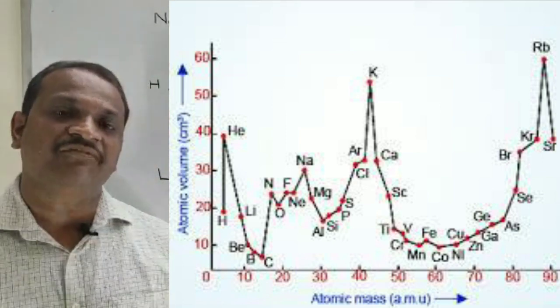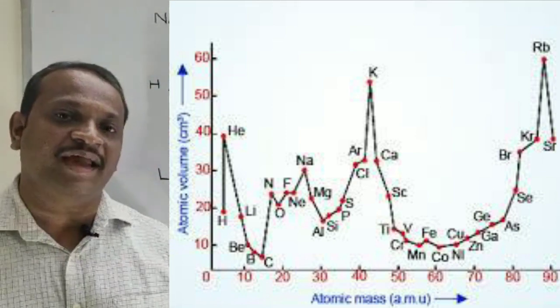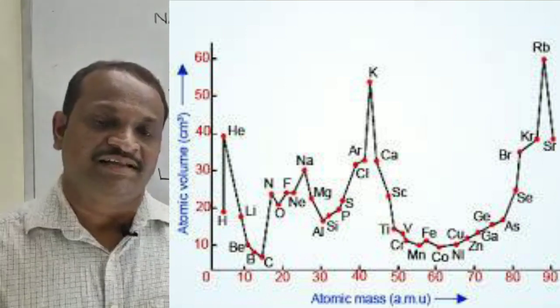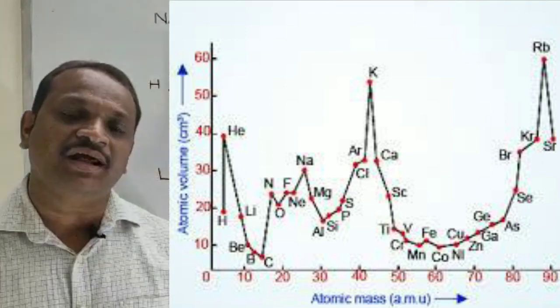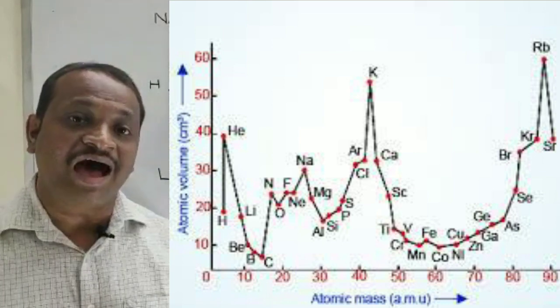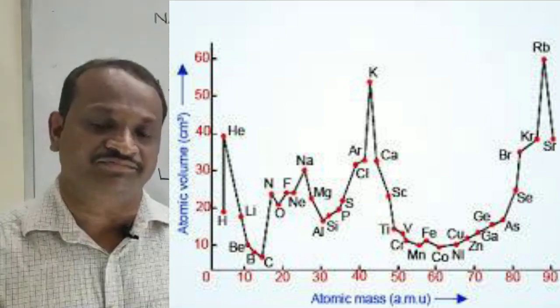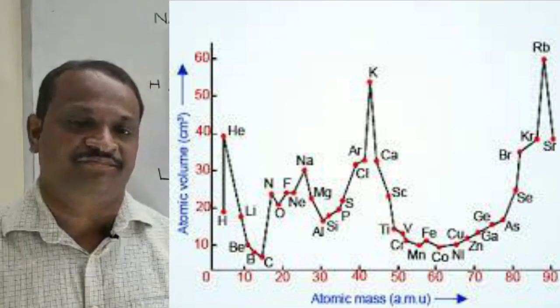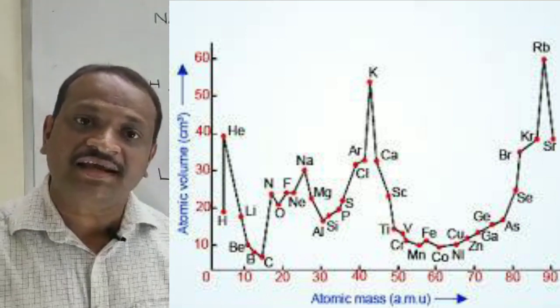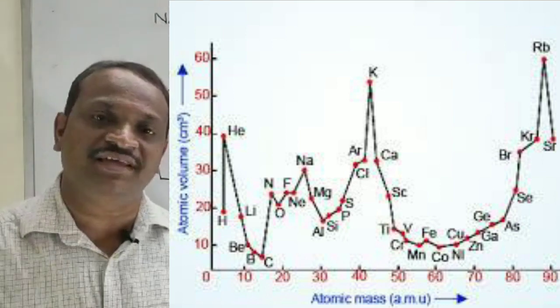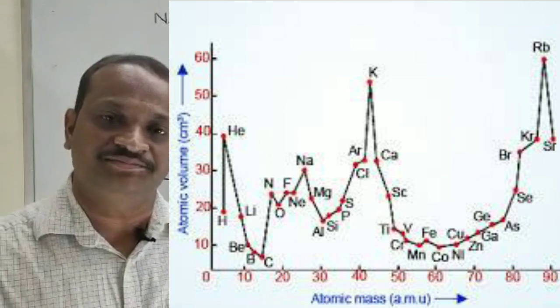He plotted a graph of atomic volume against atomic mass. Then he could see that similar elements occupy identical positions in the graph. Once you analyze this graph, you can see that alkali metals occupy the apex of the graph.